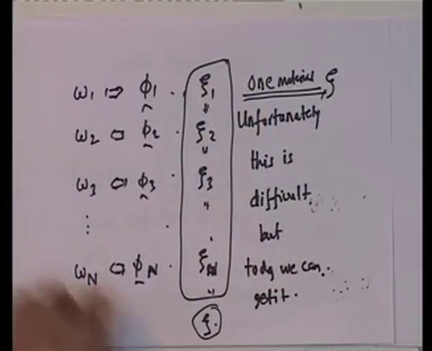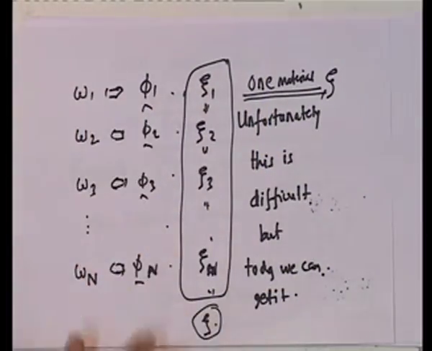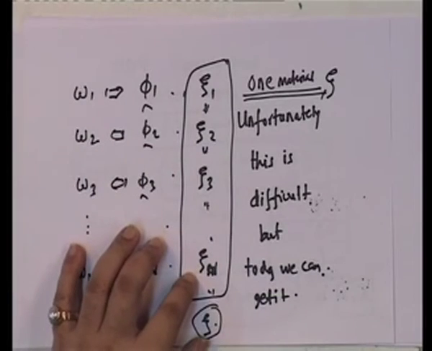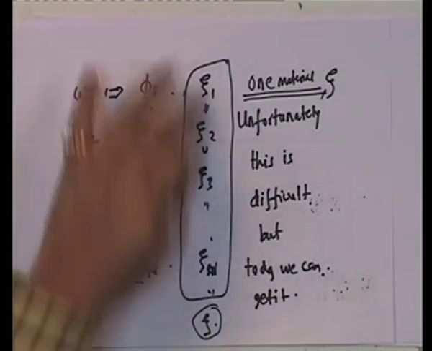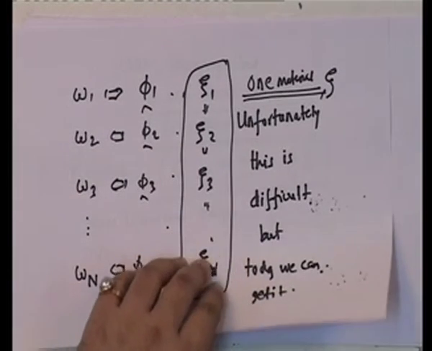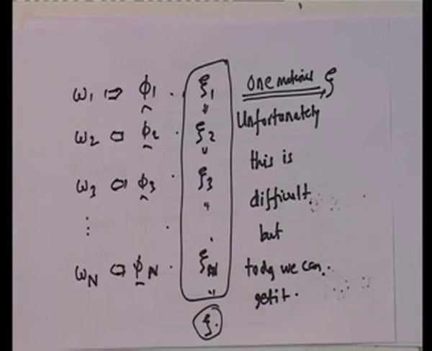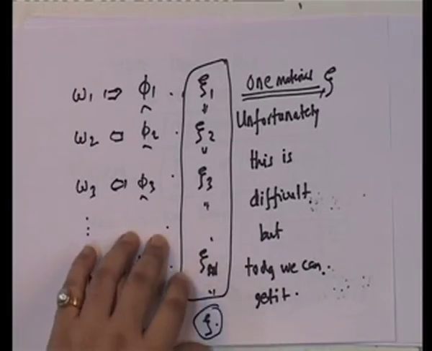Remember this is necessary. This is a definition, and typically we define them to be the same in all modes, but this definition is essential to getting the C matrix.